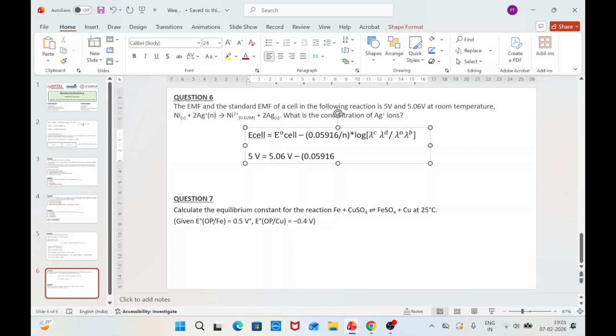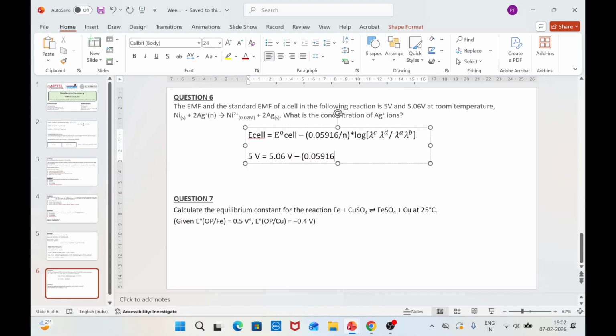Here I'm taking the value as 0.05916 because I know that this particular reaction is carried out at room temperature, but it is always better to use RT by NF, or 2.303 RT by NF log, or RT by NF ln, so that you do not make the mistake of using this particular expression for all the problems.